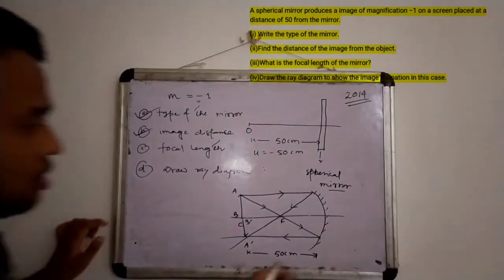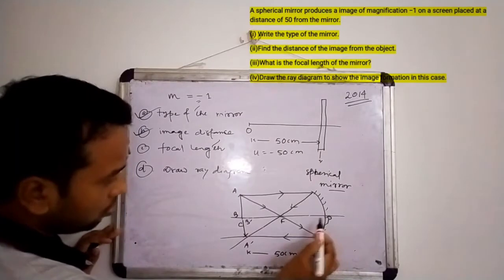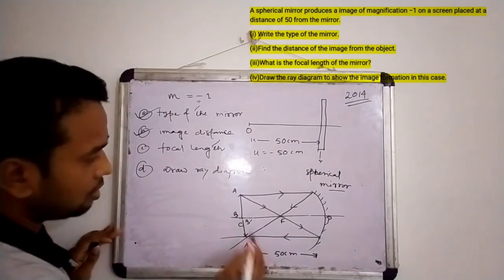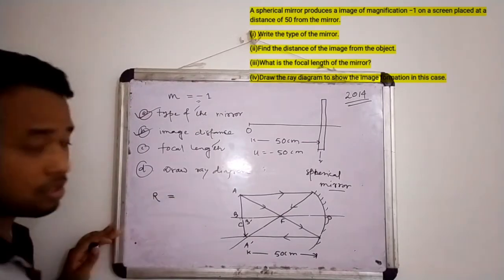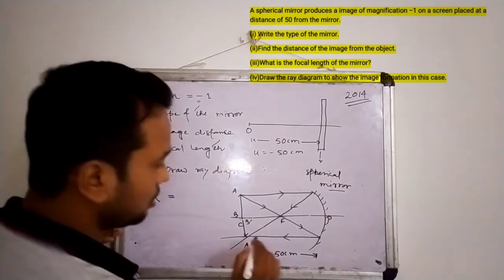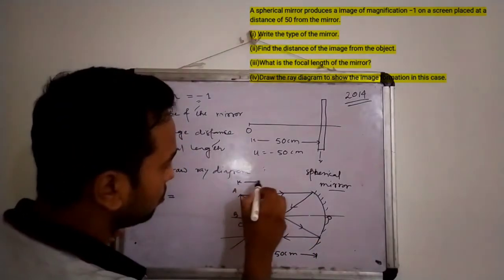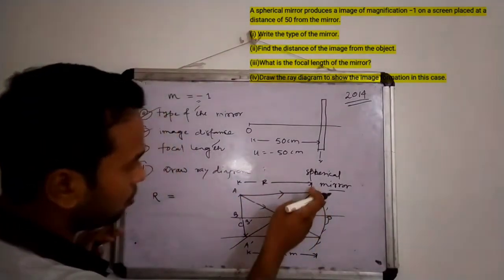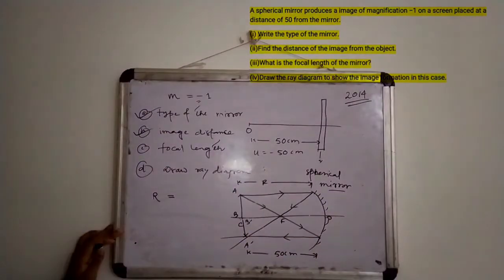Okay, now this is the pole. Again from the pole to the center of curvature, this distance is also called radius of curvature.